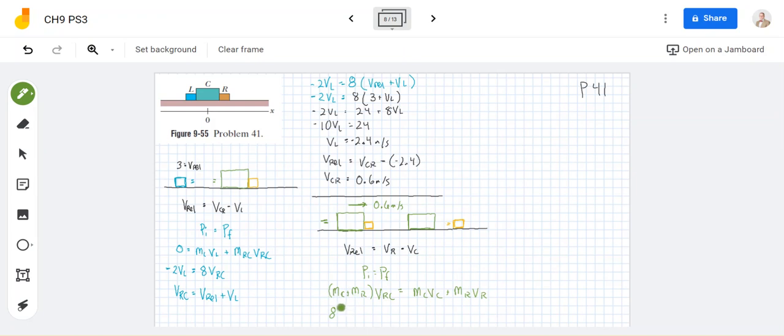So let me put the mass in to make it a little bit easier. So these two is 8. We know this is 0.6. And that's equal to the mass of the center, 6, times its velocity, plus the mass of the right, 2, times its velocity. And again, I have two equations and two unknowns, so I'm going to put them together.